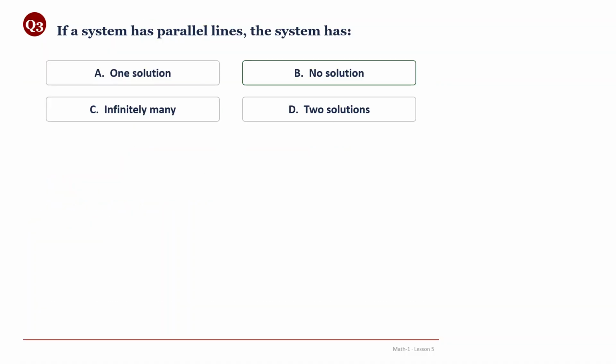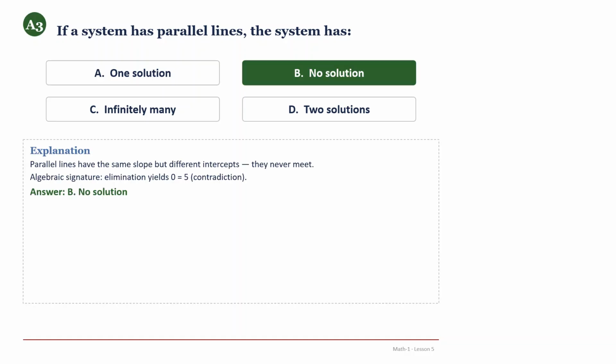Question 3. If a system has parallel lines, the system has which of the following? 1 solution, no solution, infinitely many solutions, or 2 solutions? Think about what parallel means geometrically. The answer is B, no solution. Parallel lines have the same slope but different intercepts. They never meet.